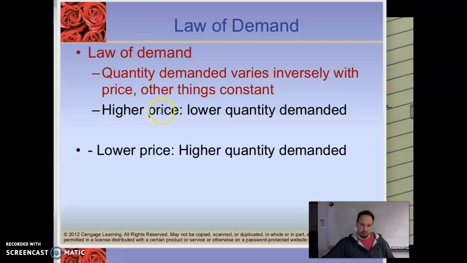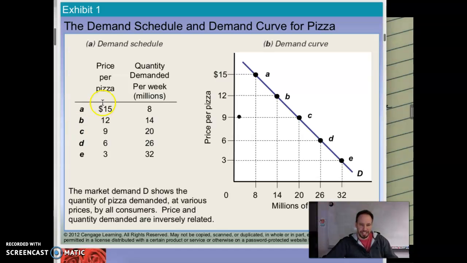So the quantity demanded varies inversely with the price. As prices rise, the quantity demanded will decrease. As prices fall, the quantity demanded will increase. Okay? Inverse relationship. Price goes up, quantity demanded goes down, and vice versa. So you look here, quantity demanded is reflected by one price point on the curve that we draw.